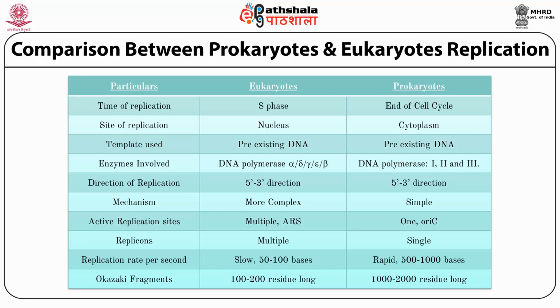To begin with, the length of Okazaki fragments, the rate of replication, and the number of replicons are all different in prokaryotes and eukaryotes. The time of replication is confined to S phase in eukaryotes, while in prokaryotes it occurs towards the end of the replication cycle. The types of polymerases and the subunits of polymerases also differ. However, the counterparts exhibit similar function.